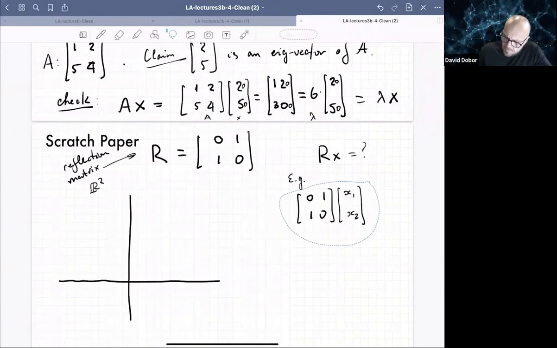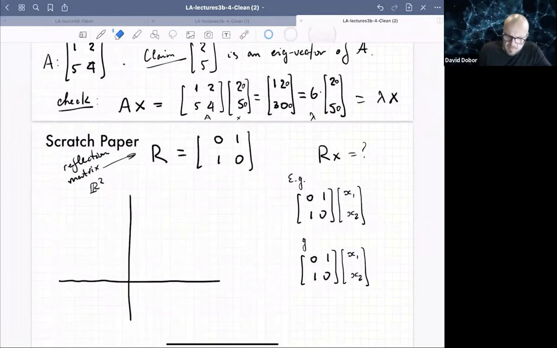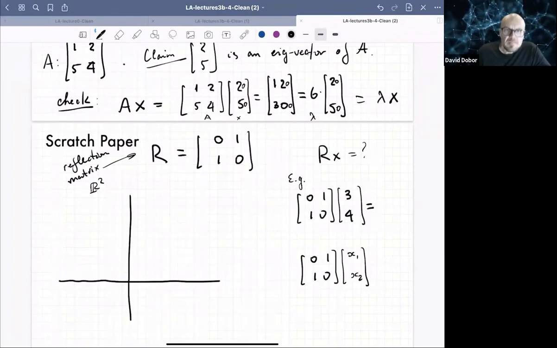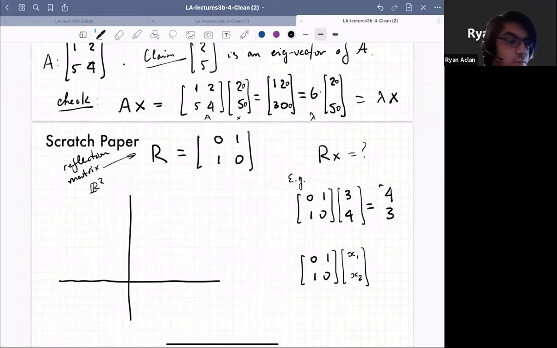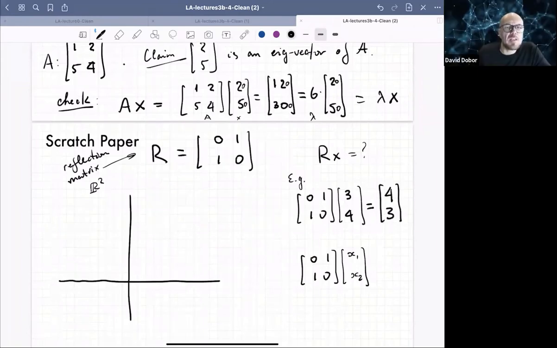If 3, 4 goes in, what comes out on the other side? It would be 4, 3. This is, by the way, one of those elementary matrices that flips the rows. Applied to a 2 by 1 vector, it flips its rows, so it changes the coordinates. The effect of this matrix is to flip the coordinates.